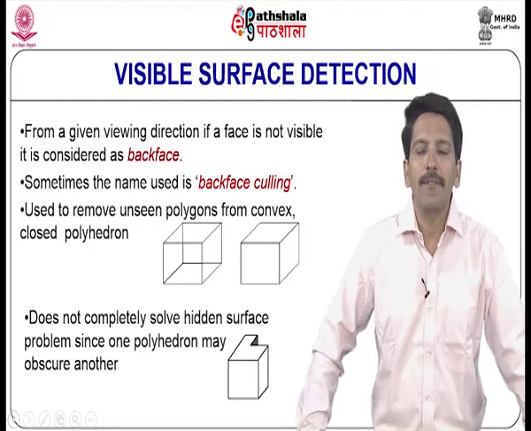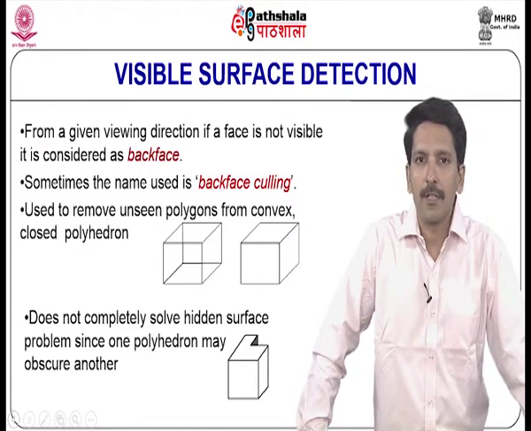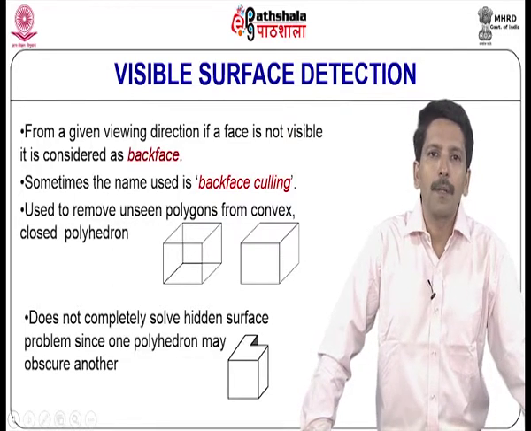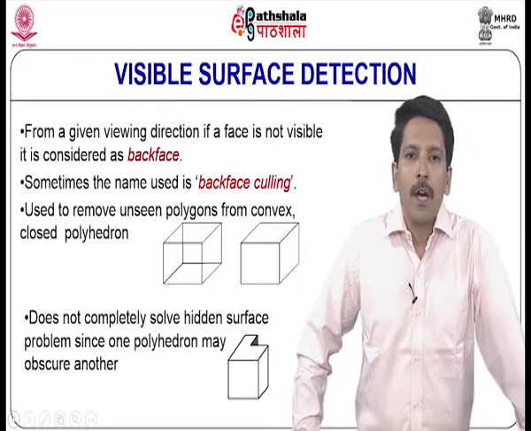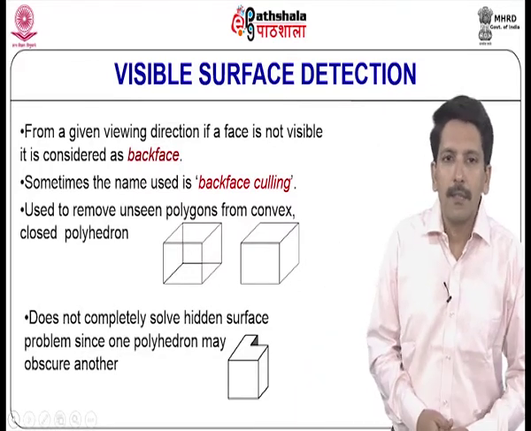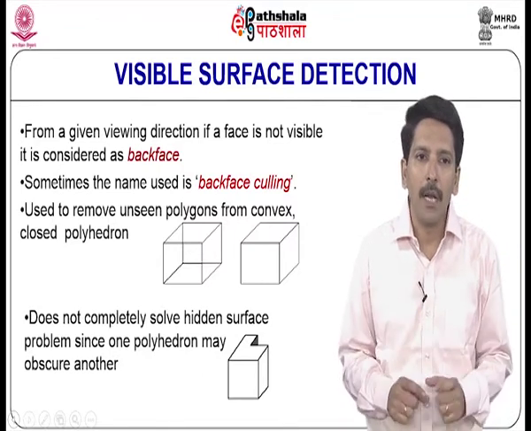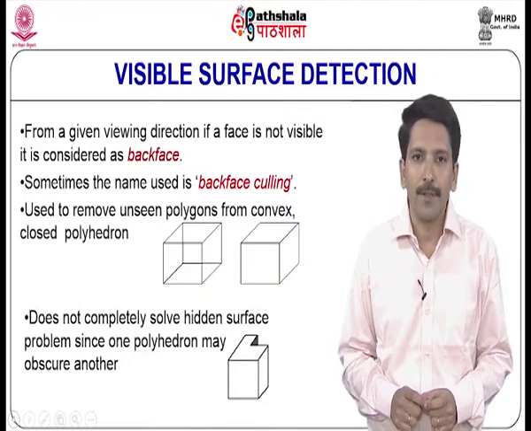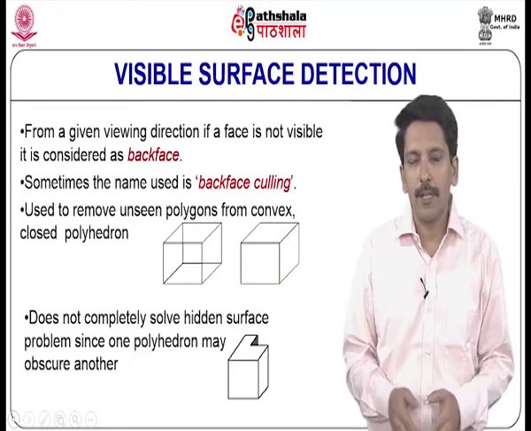Let us look at the very first method for visible surface detection, which is simple backface detection, an example categorized under object space methods. As you can see in the slide, from a given viewing direction, if a face is not visible, it is considered a backface.